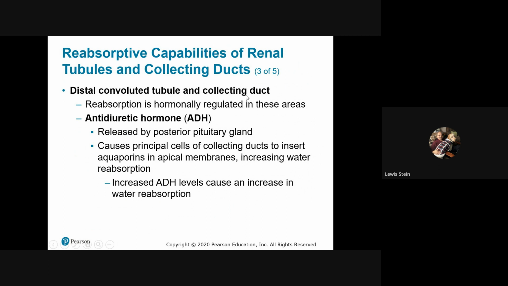Distal convoluted tubules and collecting duct, as I commented before: antidiuretic hormone, when we need to retain fluid, fight or flight, when our body senses fluids are low, when angiotensin 2 is activated, the posterior pituitary releases this. It inserts these openings into areas of the distal convoluted tubule and the collecting duct, and it just pulls water. It doesn't have anything to do with sodium.